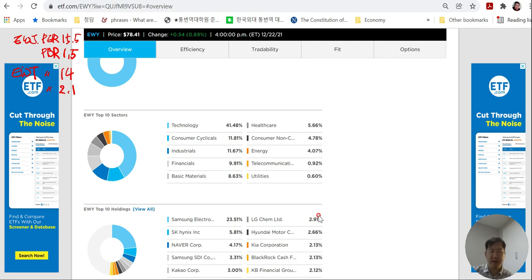Japan has comparatively less technology, while Taiwan is too tilted to only the foundry business. Not only foundry, they have fabless business, but in fabless, America is much stronger. So they're sort of the manufacturing base of semiconductors, right? So it's too tilted to semiconductors.